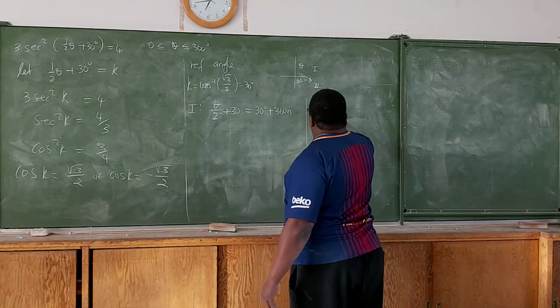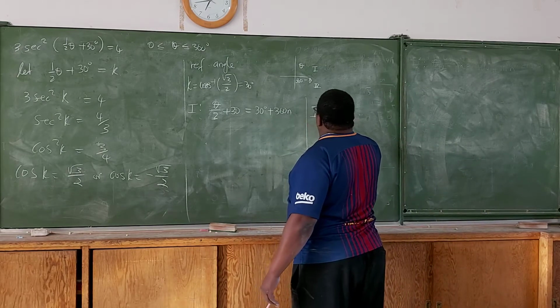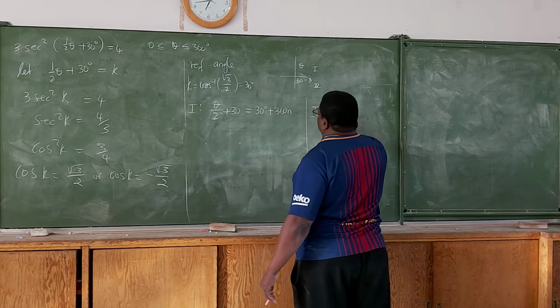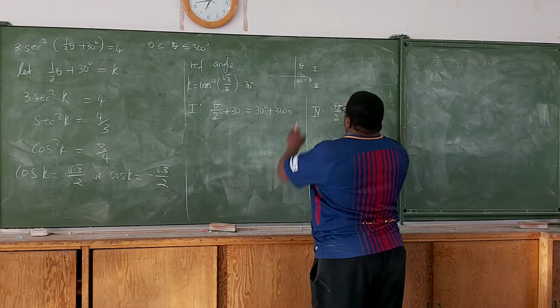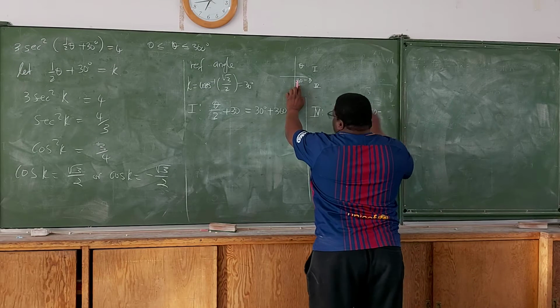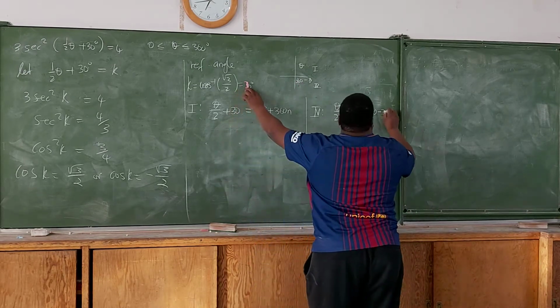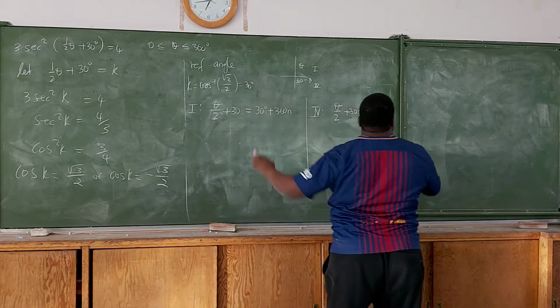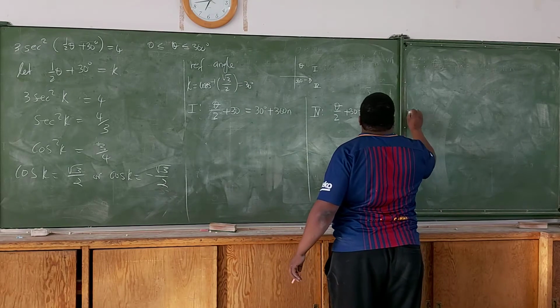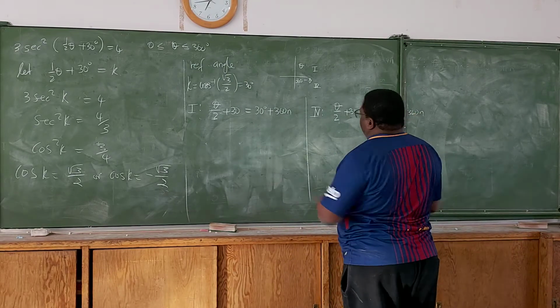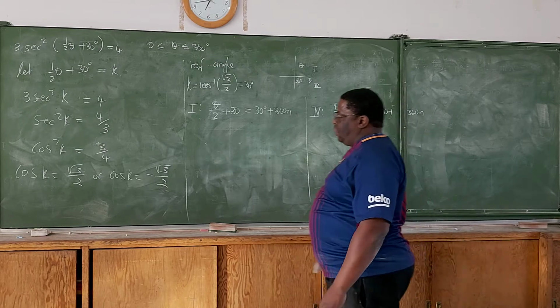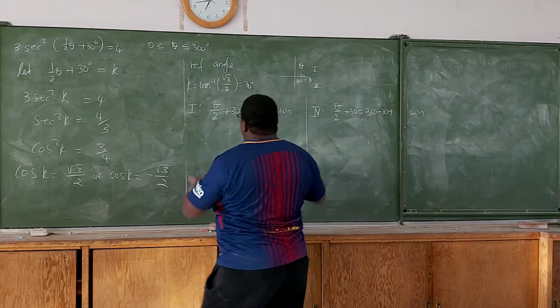In the fourth quadrant, it's going to be theta upon 2 plus 30 equals 360 minus 30 plus 360 n. I'm going to squeeze it in later if I take the positive one. So let's get the general one here, right?